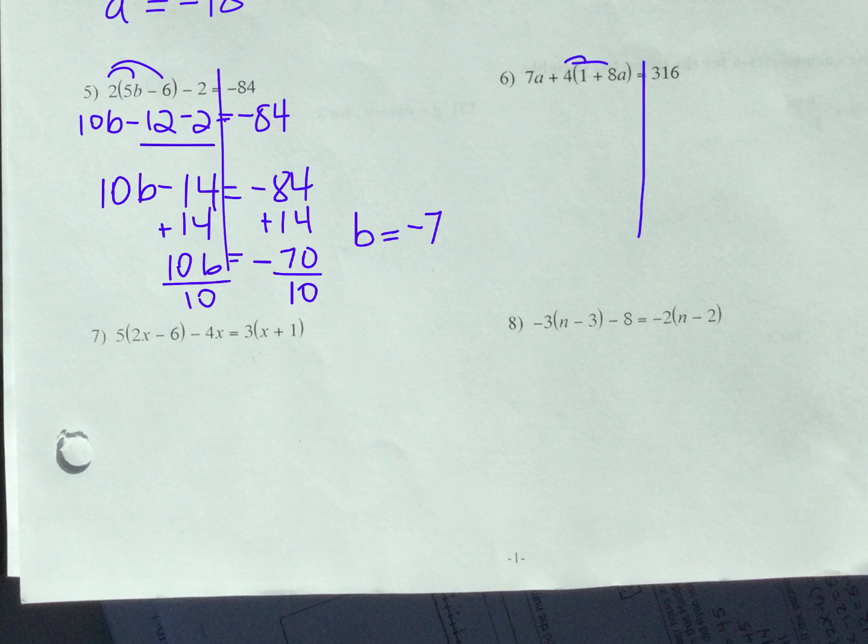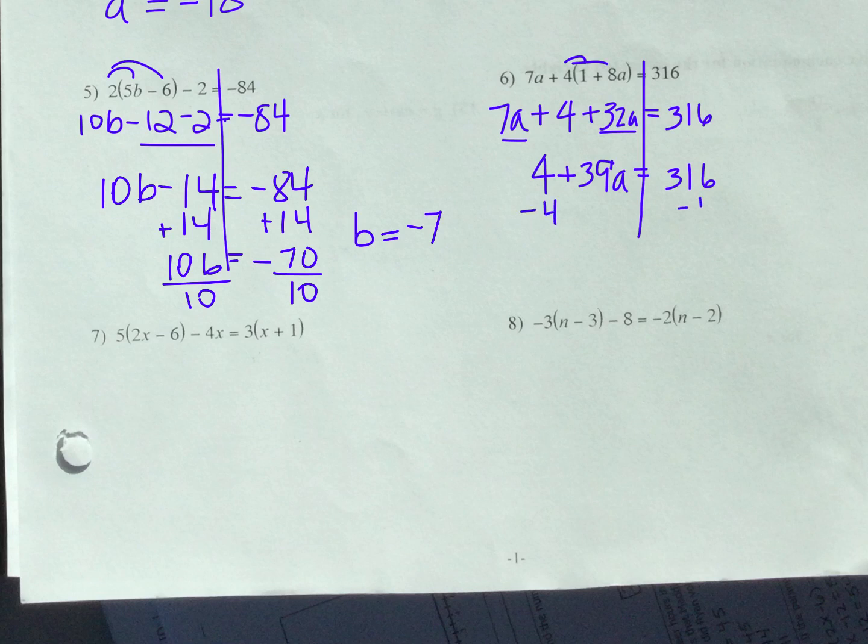Number 6. I've got to also distribute first here. 7a plus 4 plus 4 times 8 is 32a. All that's going to equal 316. Old school baby math, I got to put those guys together. 4 plus, 39a equals 316.